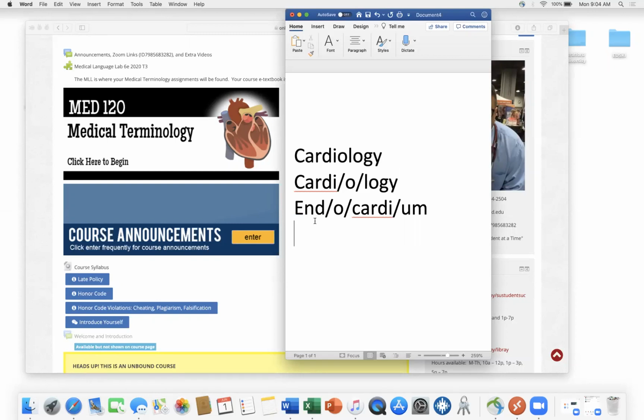But what's this in front of the root? That is called a prefix. This suffix means structure of, endo means within, and cardi we already know means heart. So it's the structure within the heart. That's also how you read medical terminology: you start at the suffix, then go back to the beginning, and work your way back.